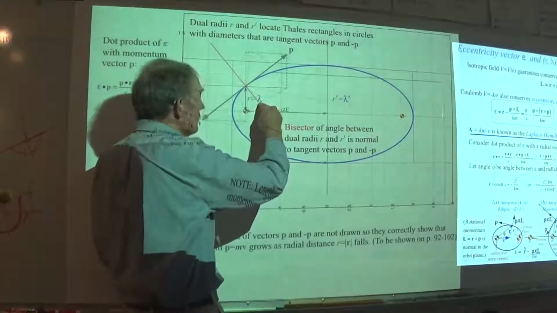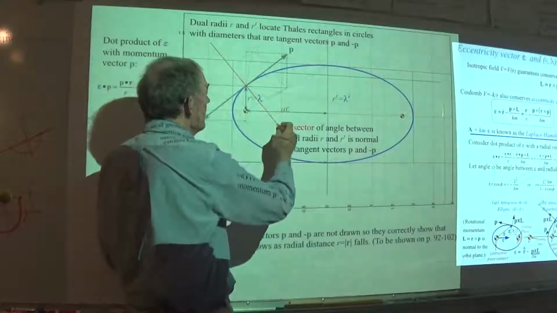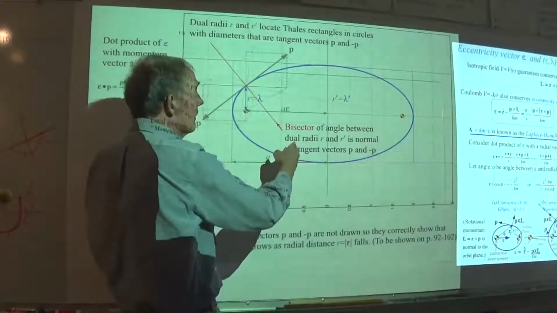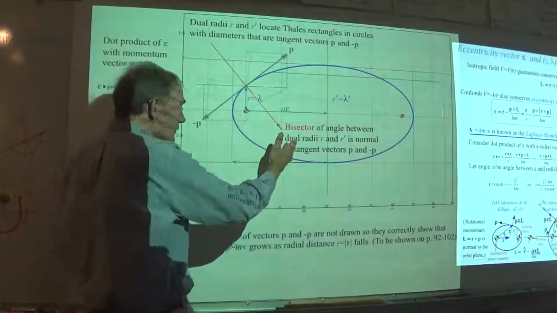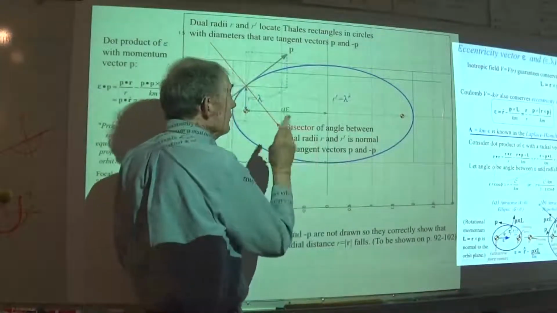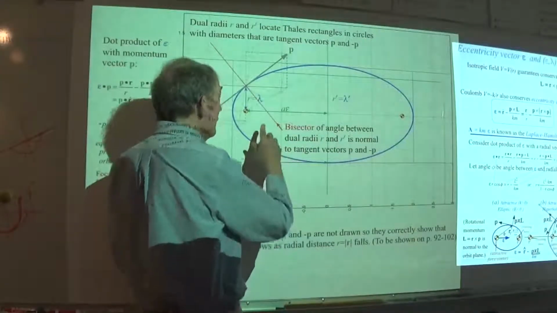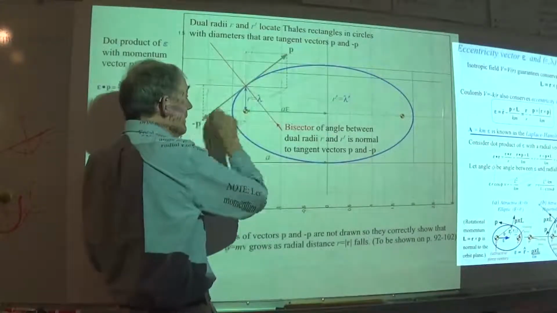In other words, equal angles here and here. This bisector of the dual radii has to be normal to the tangent vectors, that is the momentum at every point.